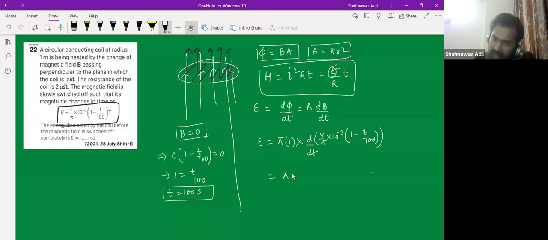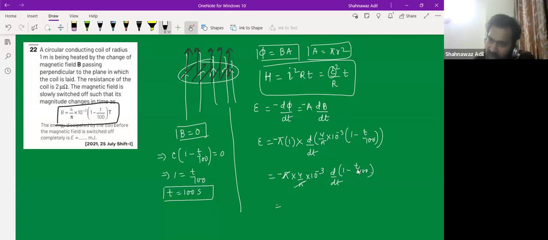So pi into 4 by pi, pi cancels, times d by dt of 1 minus t by 100. 1 is a constant, so its differentiation would be 0.